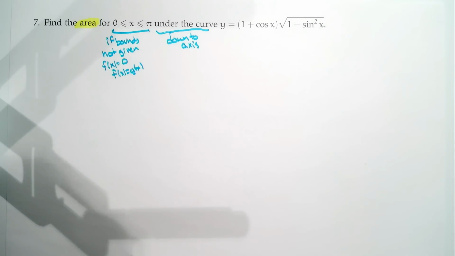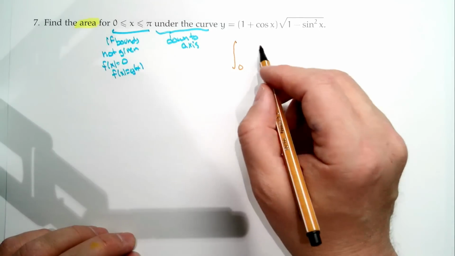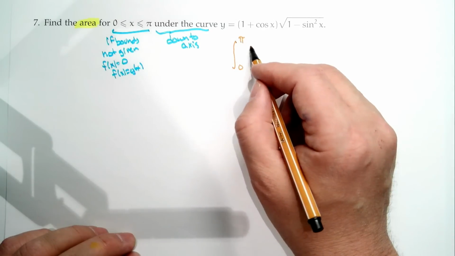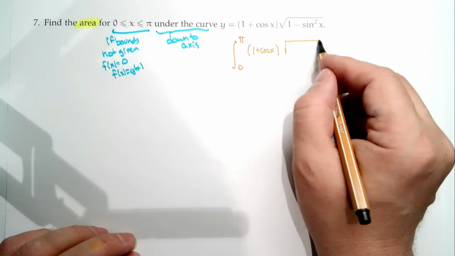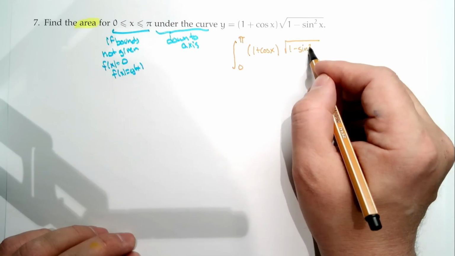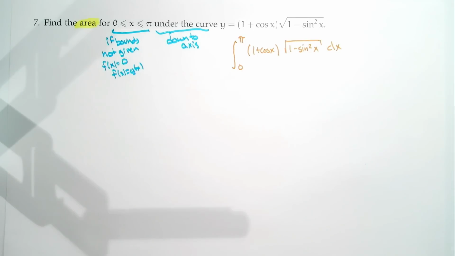So we have an integral problem. We want to find the integral from 0 up to pi of 1 plus cosine of x times the square root of 1 minus sine squared of x. Now, if you've been following along, or maybe if you did a bunch of recent quiz problems, you're like, oh, he's going to put a circle in here. Maybe we are.